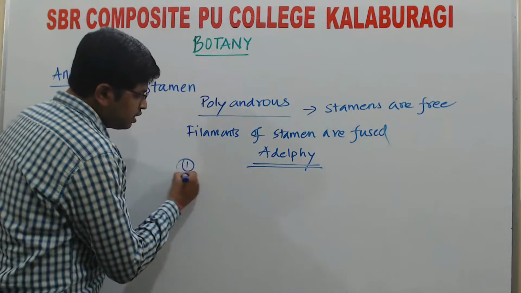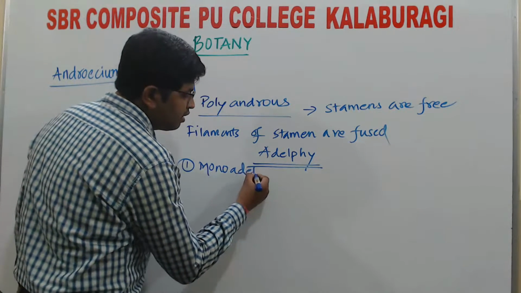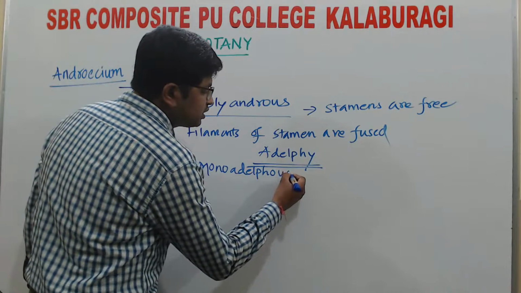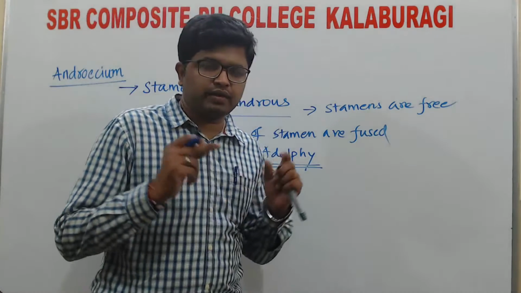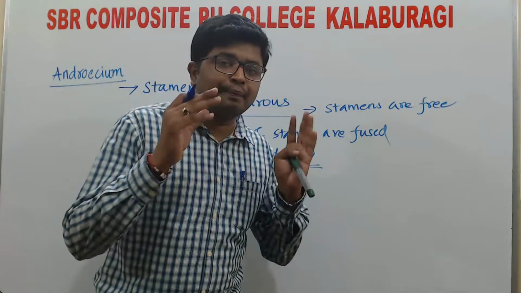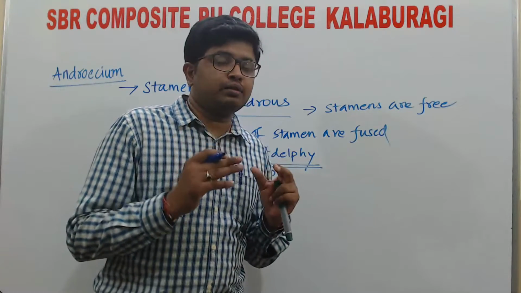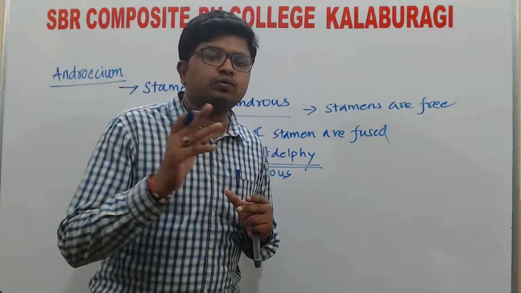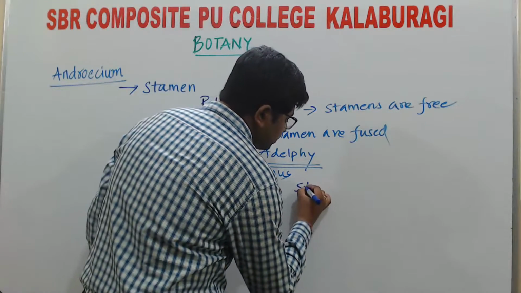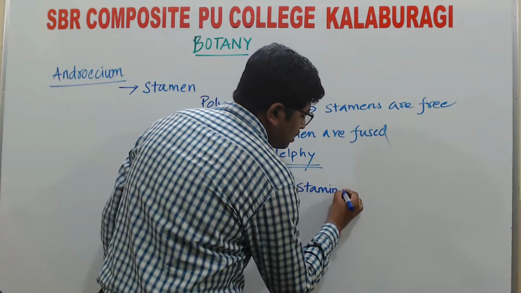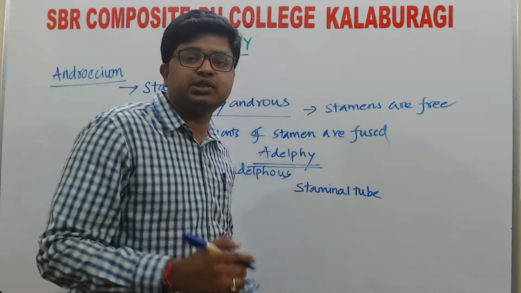The first one is monoadelphous. What is this monoadelphous condition? When the filaments are fused and in one bundle, usually in the monoadelphous condition you will observe the staminal tube, which has many stamens on it.